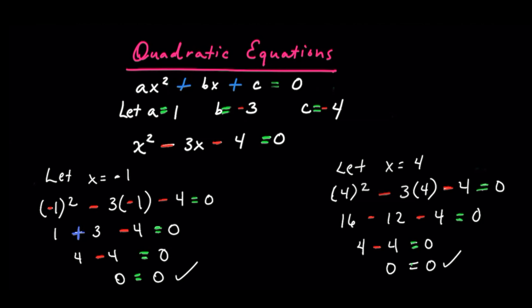Okay, so here we're going to let x equal -1 and then x also equal 4. And these are going to be our two roots, or our two solutions to the problem, so that at the end 0 equals 0 and the statement is true. So we are simply plugging in -1 for x on the left side, and then x equals 4 for x on the right side.